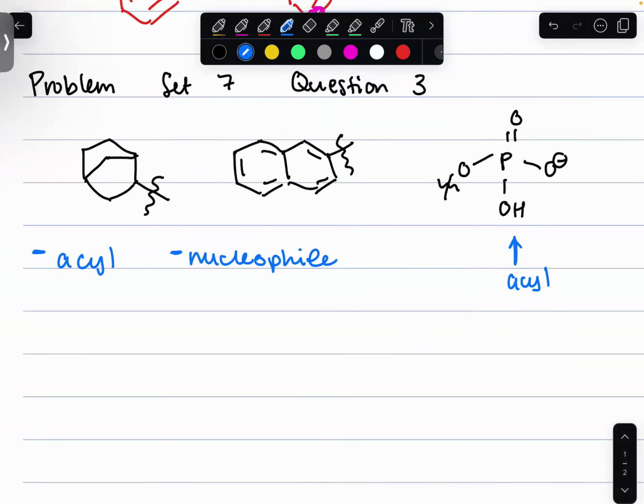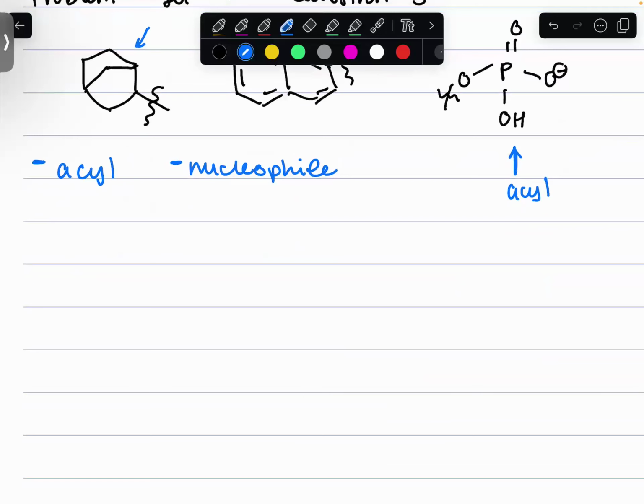These two groups here don't really actively participate in the chemistry. They're kind of just around. And so now it's just about connecting them to the actual reactive parts of our reaction.